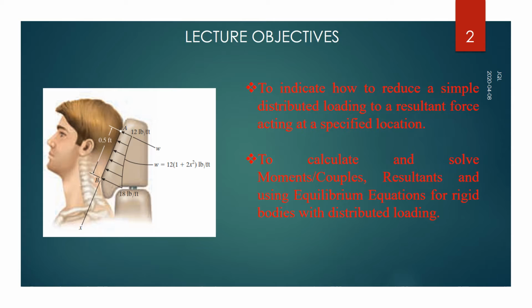Now the load that has been distributed is supposed to be equal for this rest to be in equilibrium, or rather for it not to rotate. So the force that the human being is applying is equivalent to the reaction that the headrest is also applying. This is what we are going to look at in this lecture.